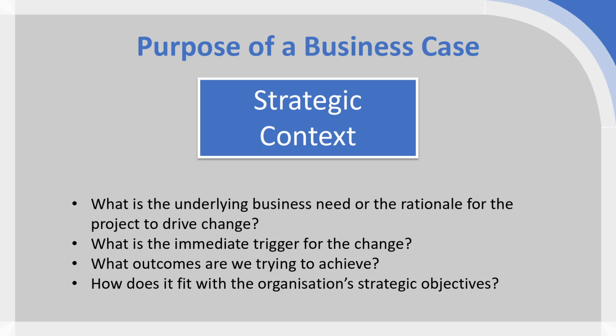Identify the objectives we're trying to achieve. So what's our measurable objective? So ideally SMART objectives would be identified, and they should fit with the organization's broader strategic objectives. So if your organization is trying to move in a particular direction, your project shouldn't be pulling in the opposite direction. It should be fitting in and coherent and cohesive with the organization's broader objectives.